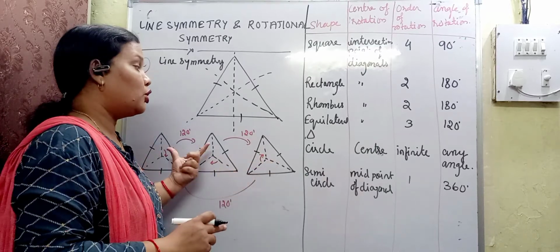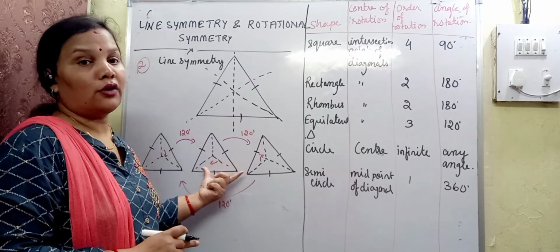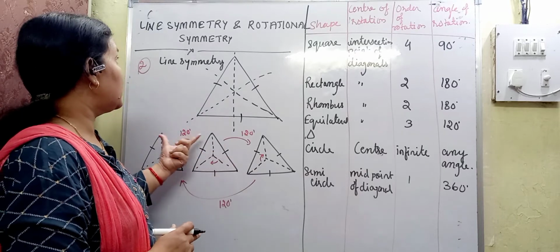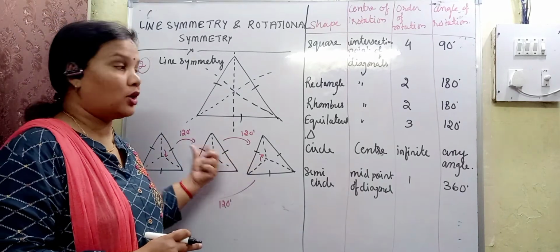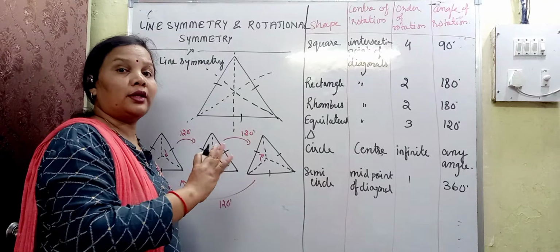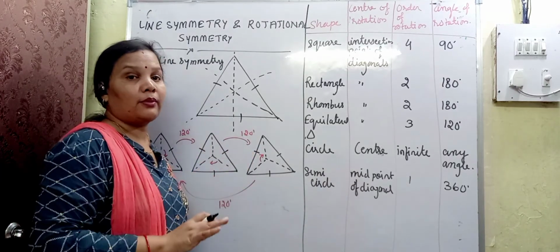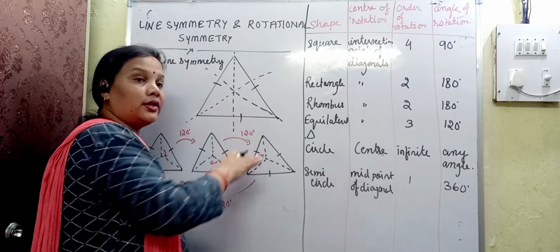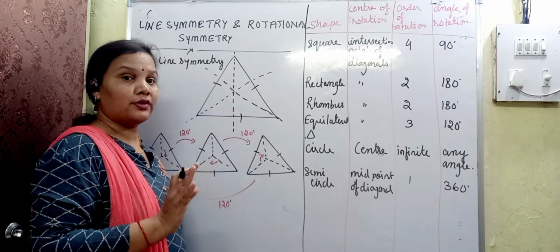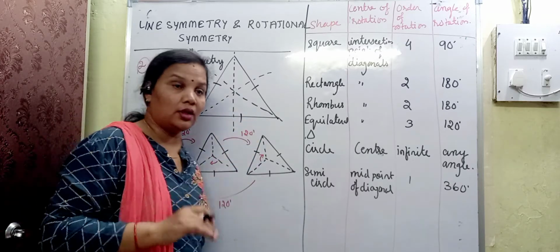So three times you get the same figure, which is the order of rotational symmetry, because after every rotation of 120 degrees you get the same figure. So an equilateral triangle shows both kinds of symmetries, line and rotational.